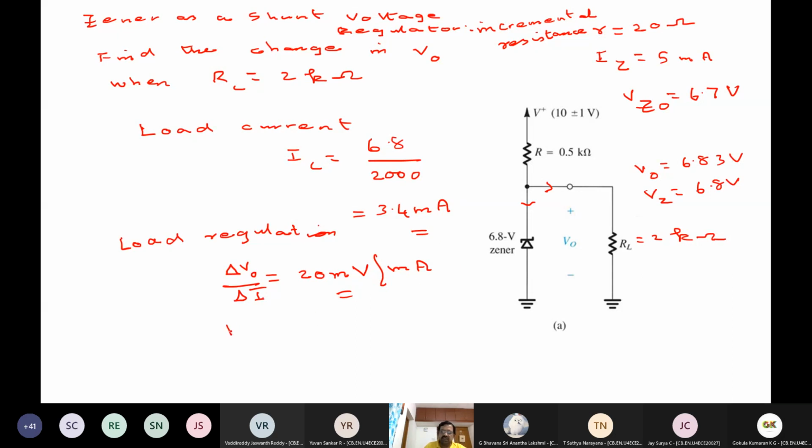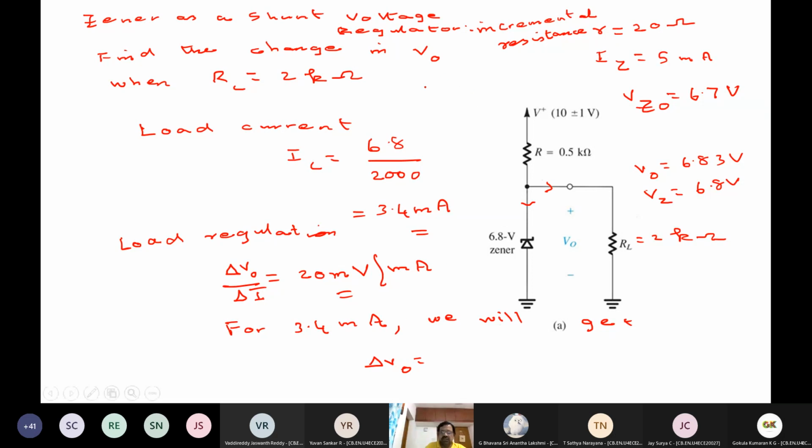So for 3.4 milliampere, we will get a corresponding drop. From 6.83 it is going to drop. How much it is going to drop, we'll see. The change, delta V naught, is what was asked.